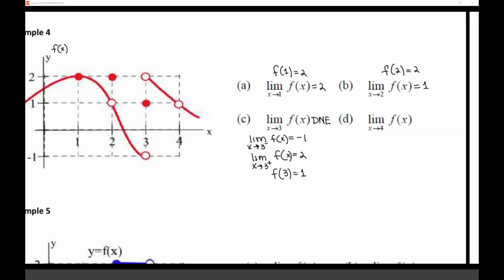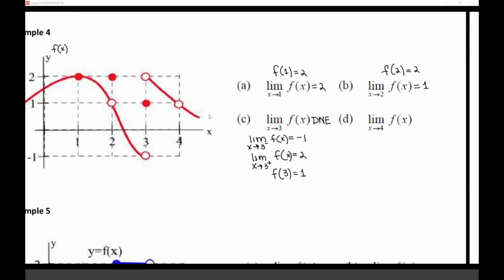Let's look at x equals 4. As I approach x equals 4 from the left, what y value am I getting close to? 1. And as I approach it from the right, what am I getting close to? 1.